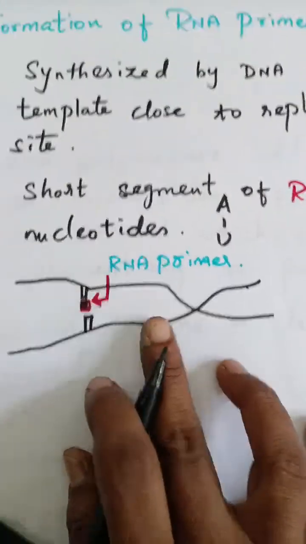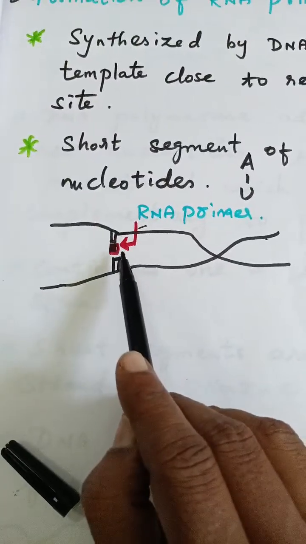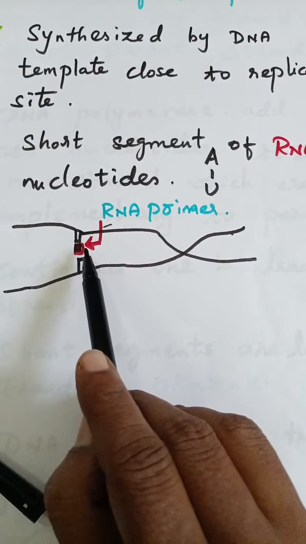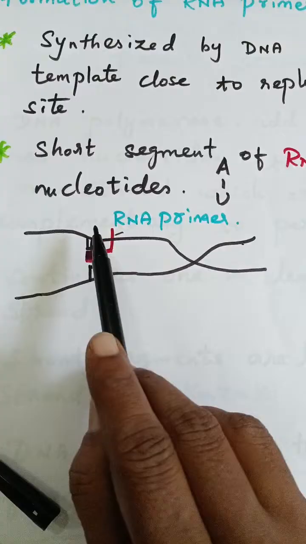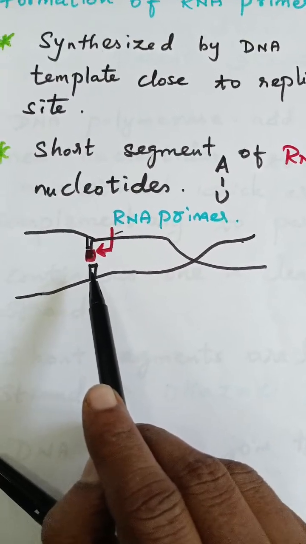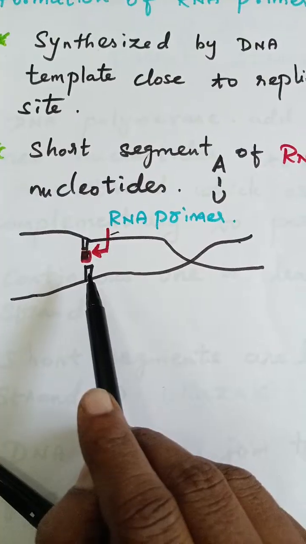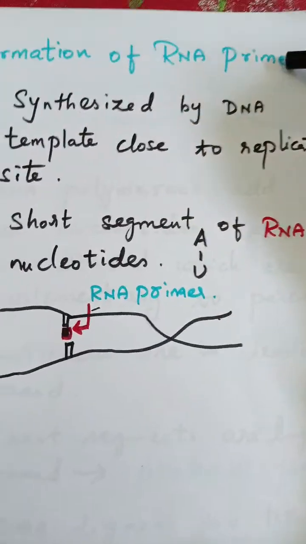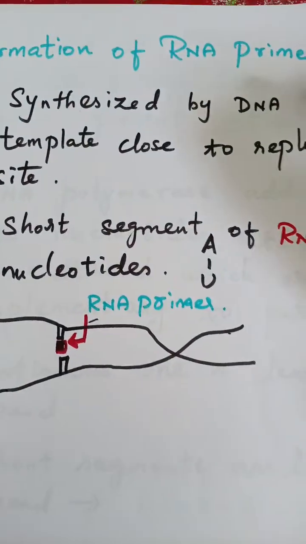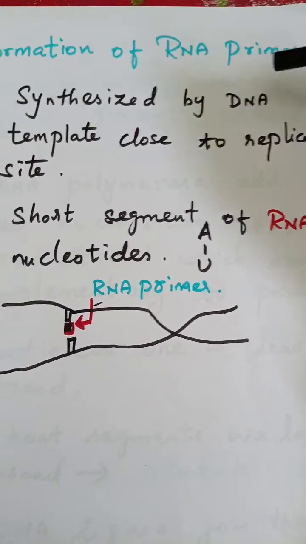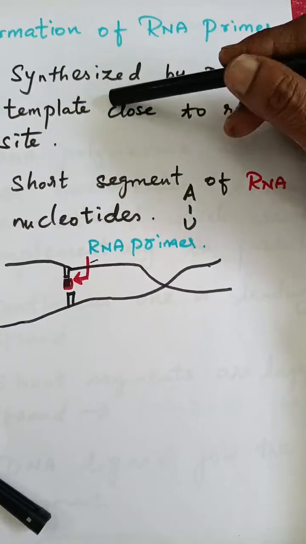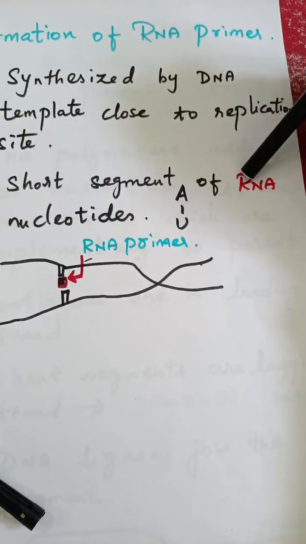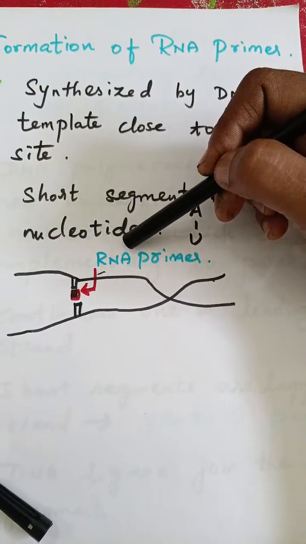So now look at this picture. This is the RNA primer, and this RNA primer is nothing but the nucleotide produced by the template strand. The template strand is nothing but the single strand of the parent DNA molecule. Is that clear? So what is the formation of the RNA primer? The RNA primer is a nucleotide produced by the DNA template close to the replication site, a short segment of nucleotides that will start the replication process.